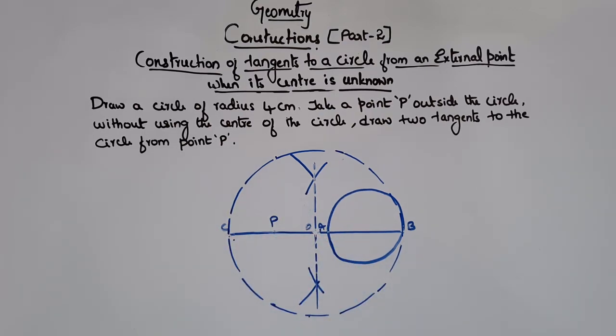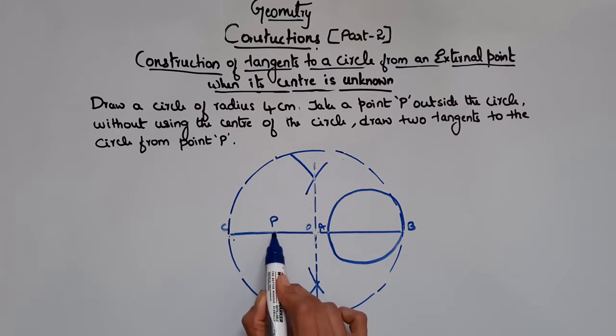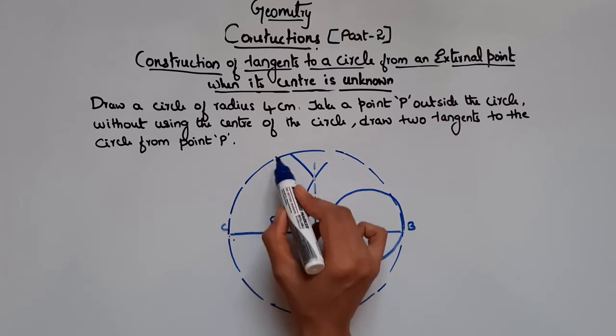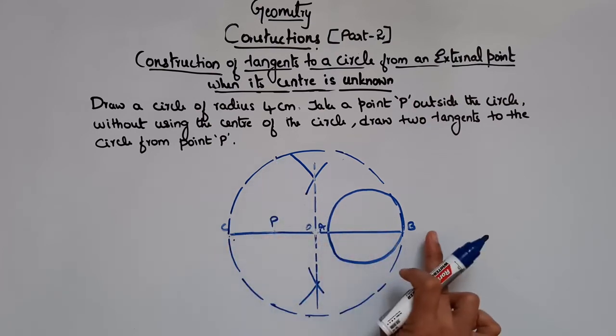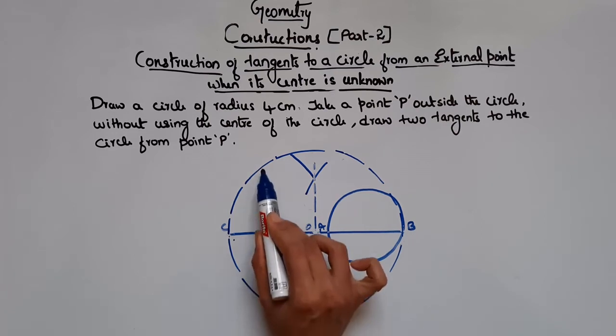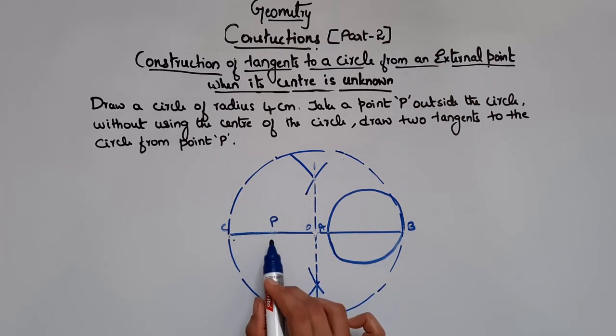Alright. The next step is to draw a perpendicular line from point P to meet this circle, such that that line is perpendicular to CB. Now how to draw a perpendicular line from point P? So we know how to draw a perpendicular line.